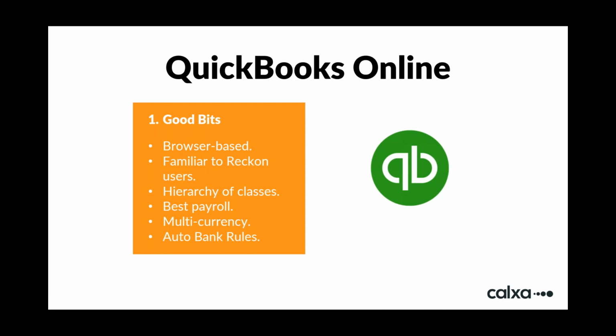But where QuickBooks goes a step further than that is creating bank rules for you and automatically suggesting them. For example, it sees a transaction from Caltex. They use machine learning technology, and they look at how everybody else has processed Caltex transactions, and most people put it to fuel expense.